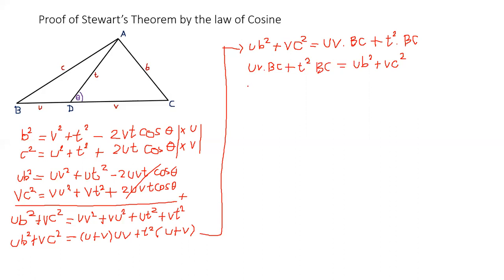Okay, you know that U equals BD and phi equals DC. So BD times DC times BC, plus T, which is AD, squared times BC, equals U B, that is BD, times AC squared, plus phi, which is DC, times AB squared.